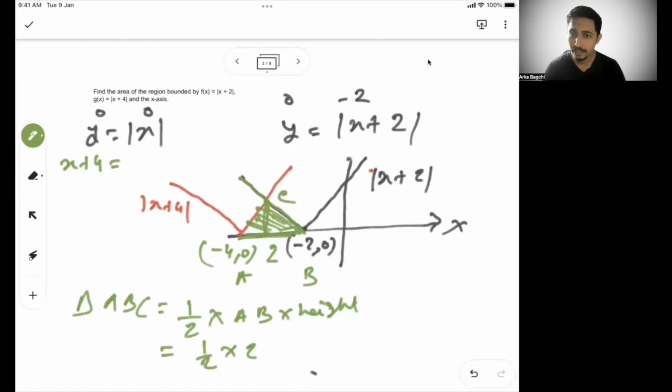This is minus of (x + 2), right? I know the red line is x + 4, positive, but the green line of |x + 2| is basically minus x minus 2.